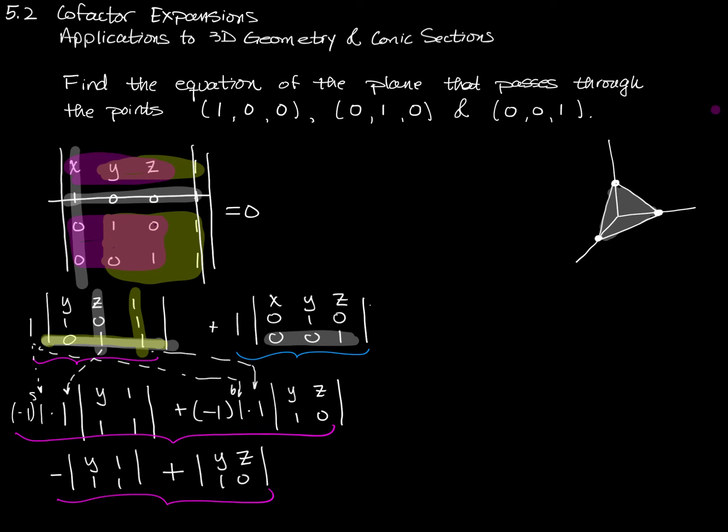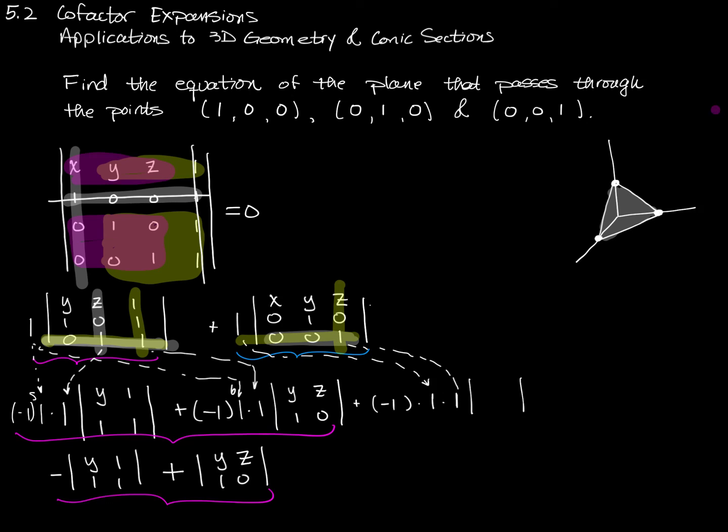I'm going to add to that -1 to a power times this 1 times this 1, that's my coefficient, and I'll get my subdeterminant by crossing out row 3 and column 3.